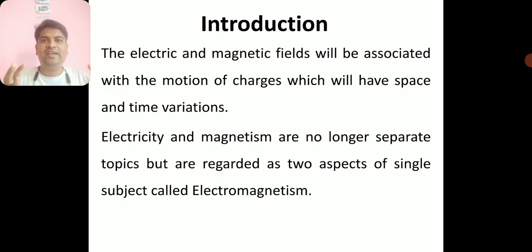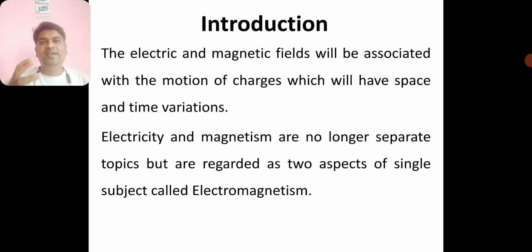Now they are treated as a single quantity, and the single topic we discuss here is electromagnetism. We don't have separate electric and magnetic fields. They are always together, always mutually perpendicular to each other and to the direction of propagation of the wave, which is called an electromagnetic wave. Electric field and magnetic field coexist.